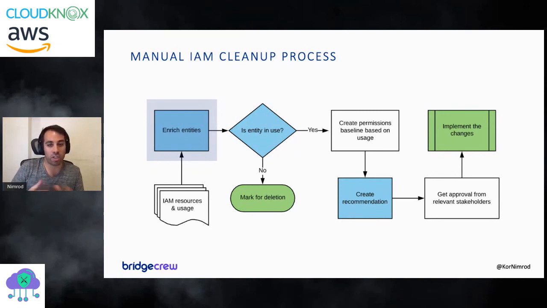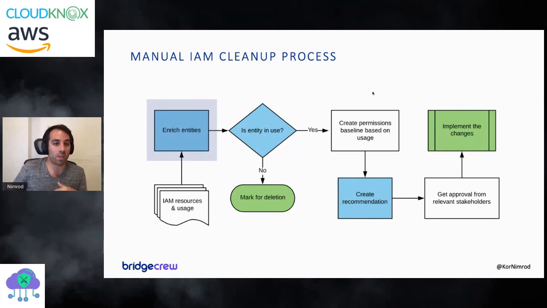Then for each entity, cross-reference it with its usage and decide whether the entity is in use or not. That depends on the threshold for usage. I would say the default best practice is 90 days. I've seen it go down to 30 or up to 365 days. So it really depends on your preference.